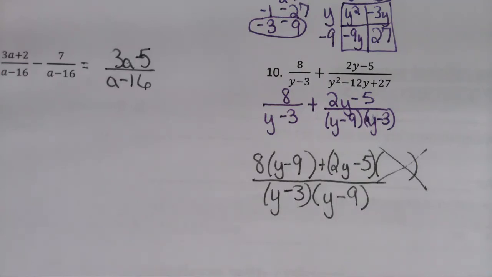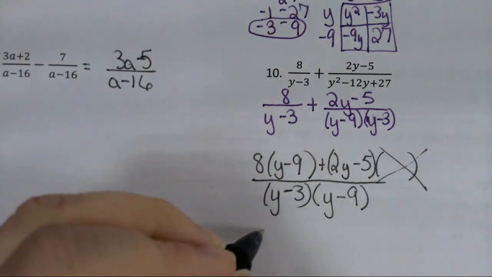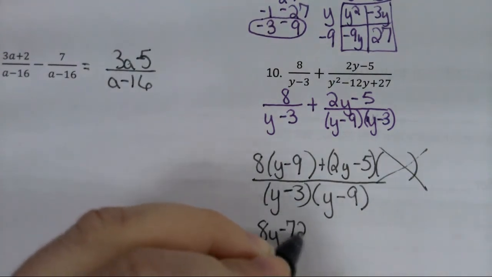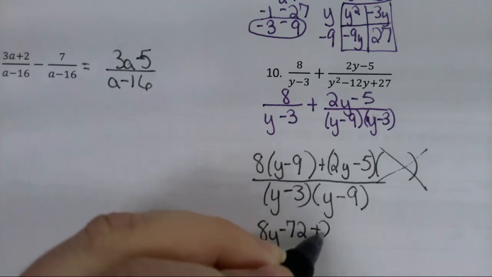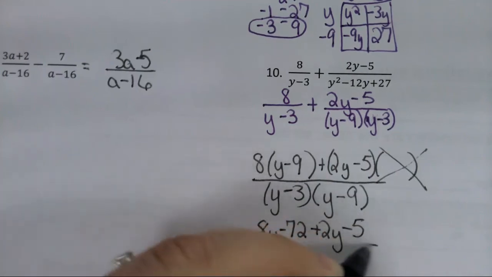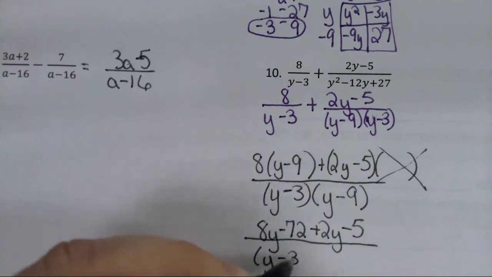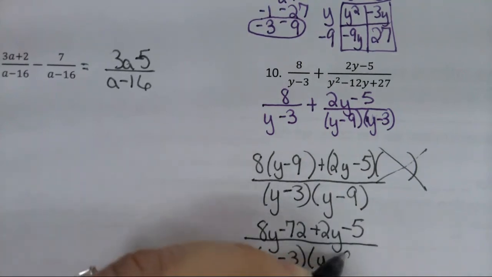So we'll go ahead and distribute our 8y minus 72 plus 2y minus 5. That whole thing is over y minus 3, y minus 9.